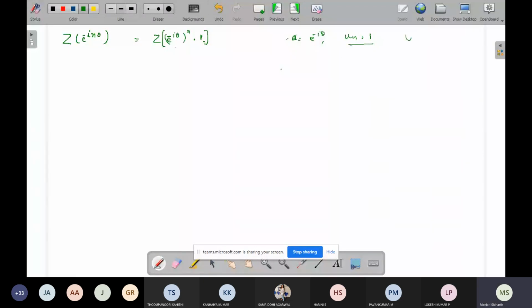So for u(n), we should have capital U(z), the z transform of u(n). So for 1, it is z over z minus 1.